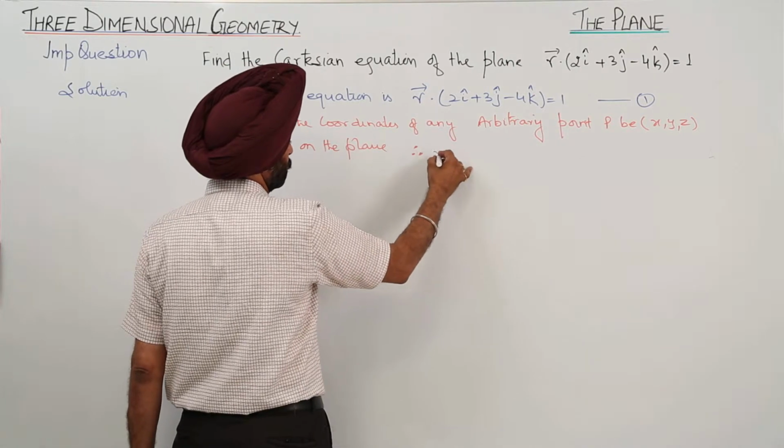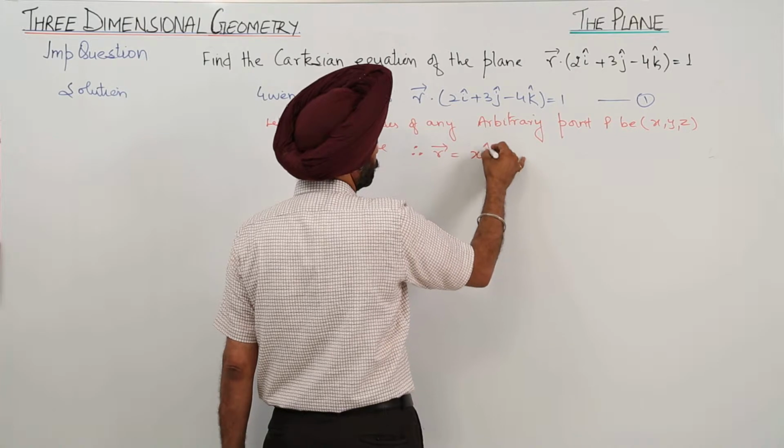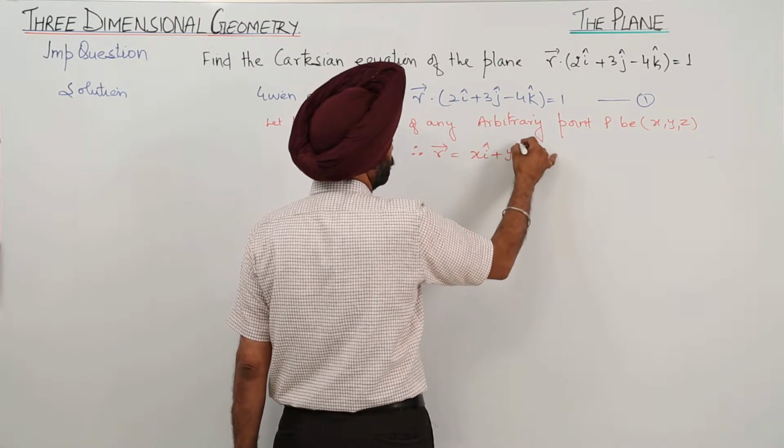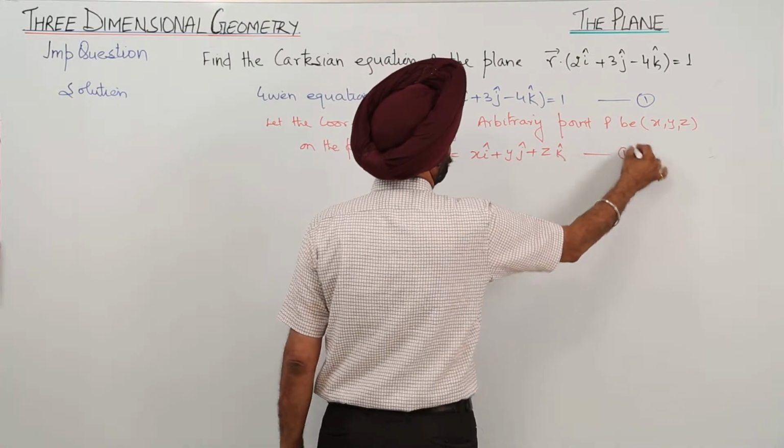Therefore vector r is equal to xi cap plus yj cap plus zk cap. Equation 2.